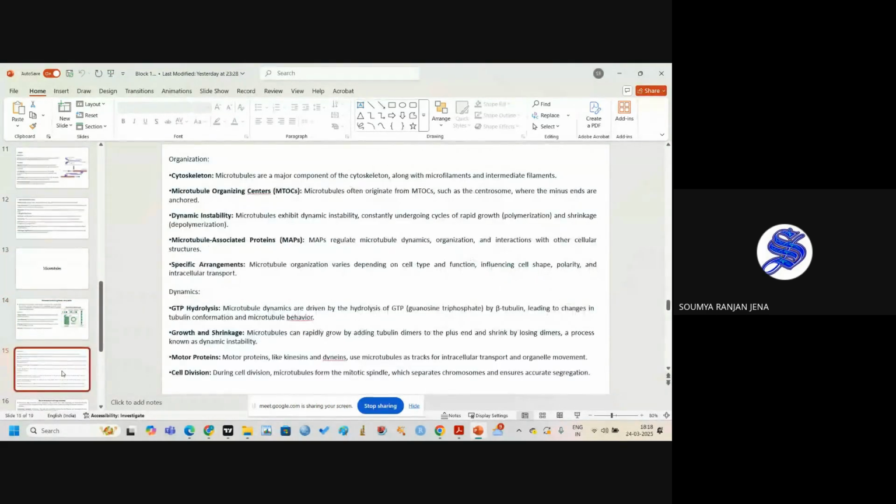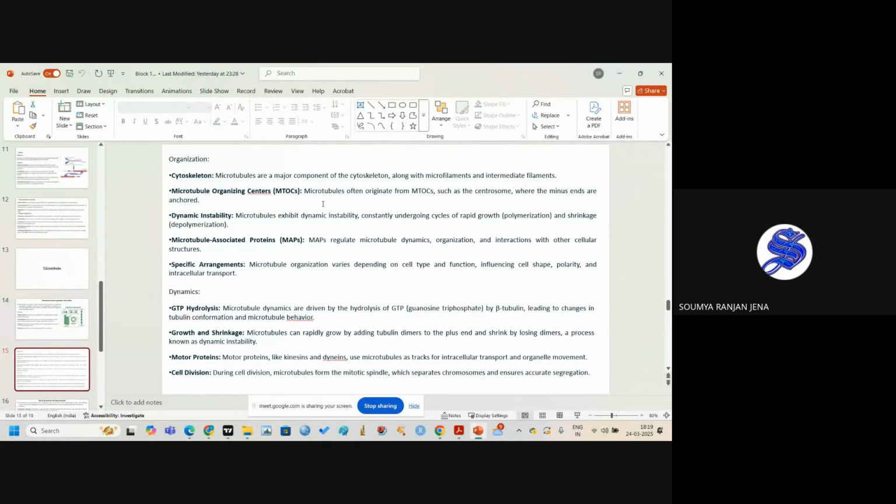Then if we go to the organization, microtubules are a major component of the cytoskeleton along with microfilaments, and also intermediate filaments.